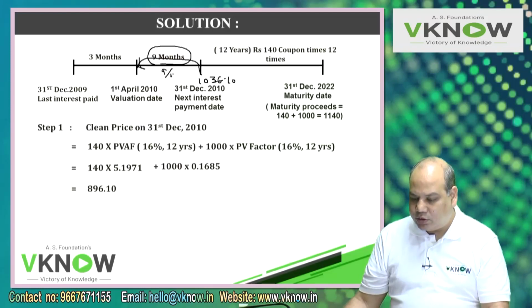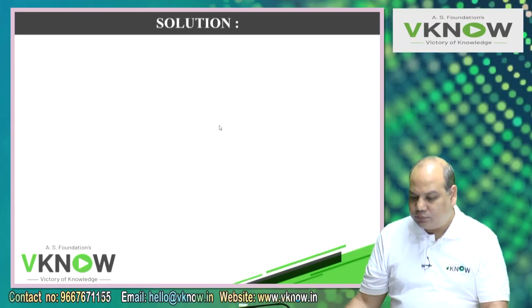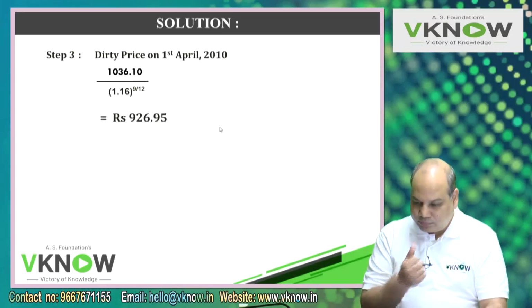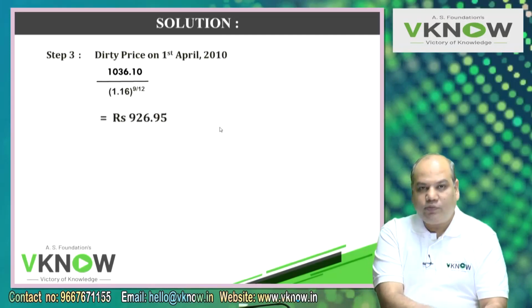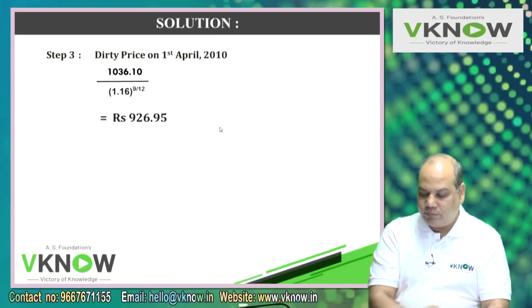And the interest rate, or discounting factor, is 16% per annum. Since it is annual calculation, this will remain 16%, but the number of years will become 9 by 12. So step number 3, write dirty price on 1st April 2010.